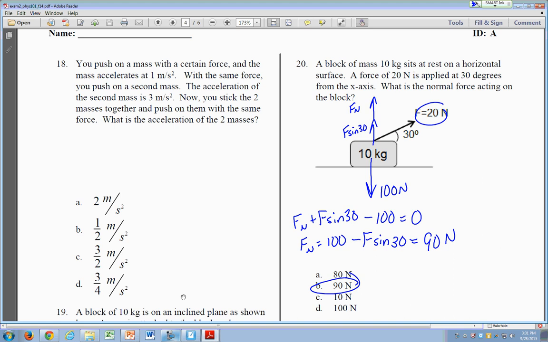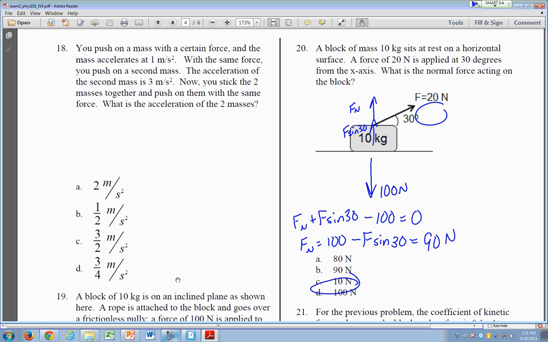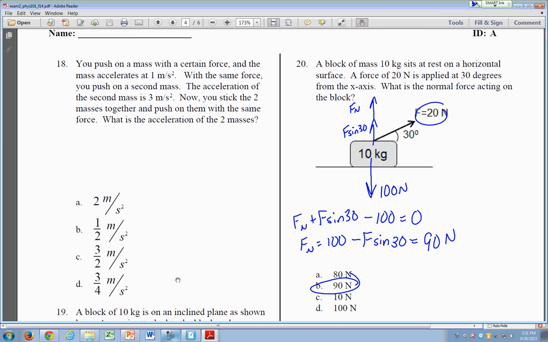And then the next question, so if we have a mu k equal to 0.1, what is the acceleration equal to? Well, if we have mu k equal to 0.1, then I have a kinetic frictional force here. That kinetic frictional force is equal to mu k times the normal force, which is 0.1 times 90, so it's 9 newtons.